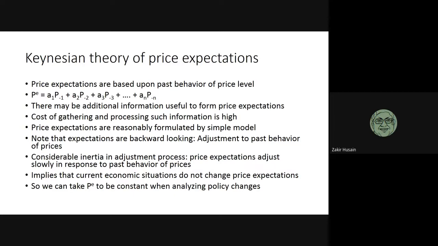Policy changes will not affect expected prices. So when I'm analyzing the impact of changes in G, tax rate, or monetary policy, I can hold price expectations constant. Is this clear?